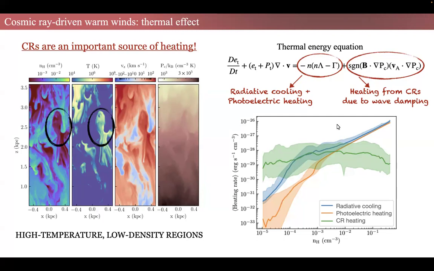In the intermediate density regime, photoelectric heating starts to become subdominant, and radiative cooling is balanced by cosmic ray heating, while in the low density regime, the cooling time scales are very large and cosmic ray heating dominates, producing these high temperature, low density regions that we see in this plot.